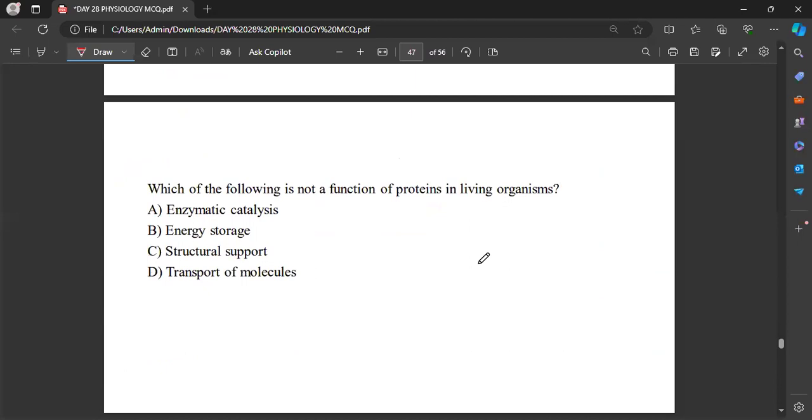Okay, now which of the following is not a function of a protein in living organisms? Enzyme catalysis, energy storage, structural support, transport of molecules.